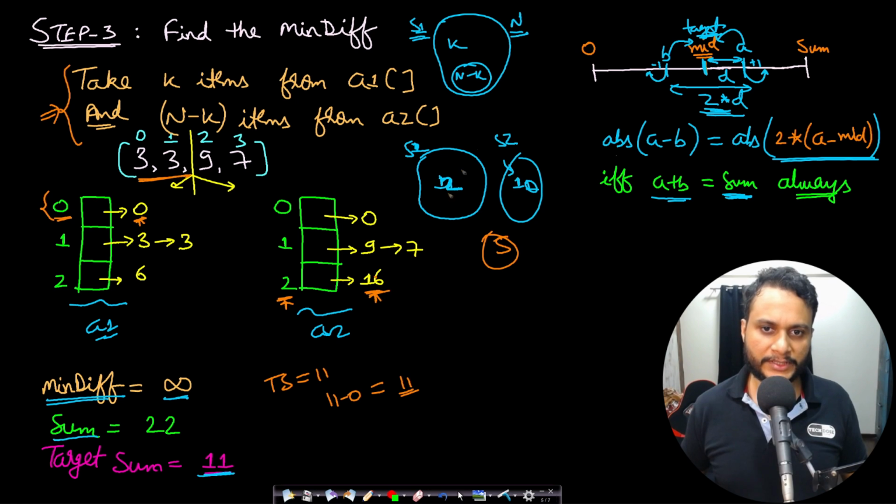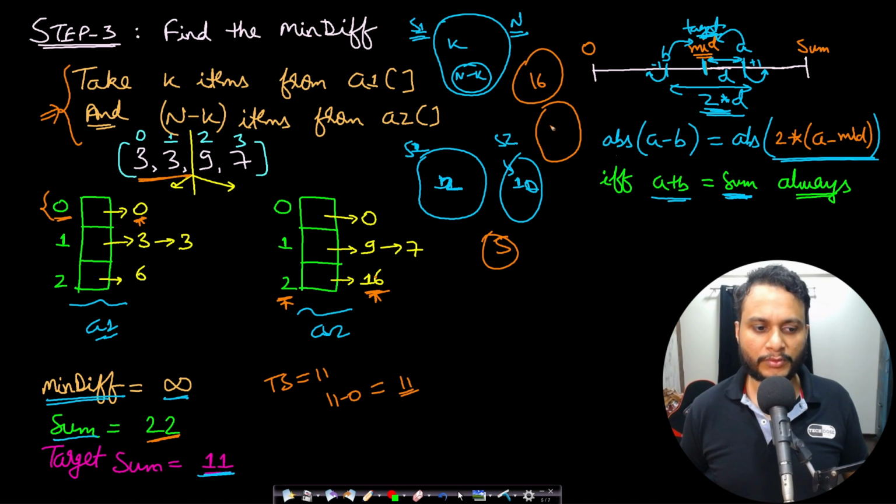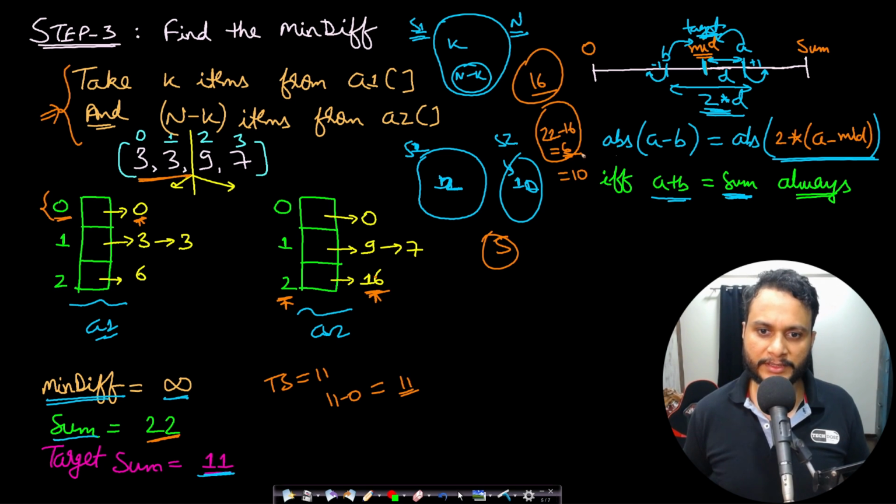If the first set has a sum equal to 16 and the total sum is 22, then you know that the second set will have a sum equal to 22 minus 16, which is 6 only, right? So what will be the difference? It will be 10, which is 16 minus 6. And you can easily find this by doing 2 times the difference with the target sum, that means equal to 10, right?